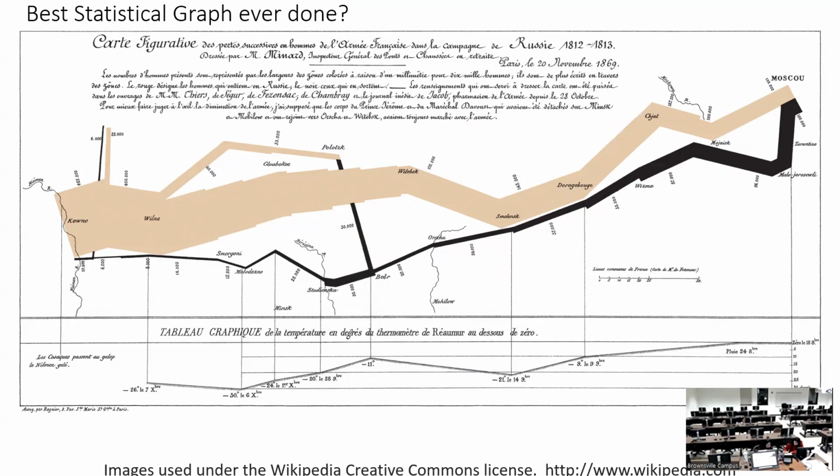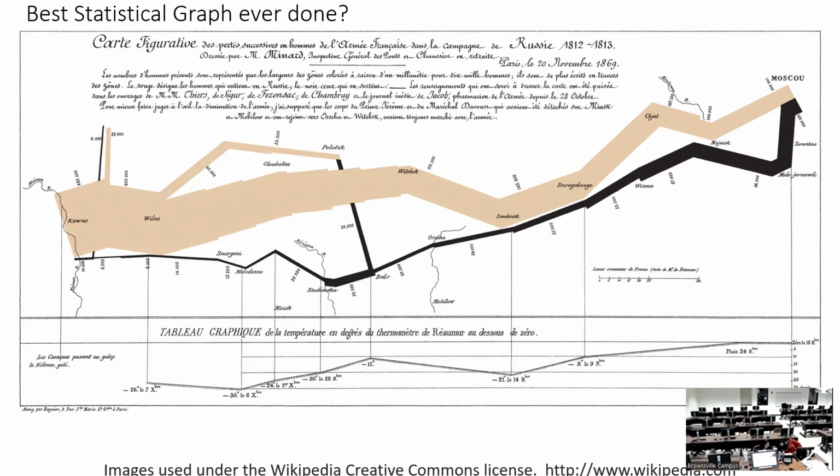But what do you guys think about this? You don't have to agree with that. What's your opinion about this graph? Do you agree that it is the best statistical graph ever done? That's pretty good. It tells a story. That's the important part. So it is detailed. For us, because we want to know the story, it is helpful to us, right?